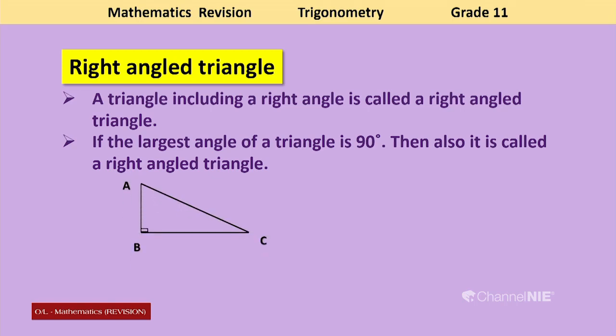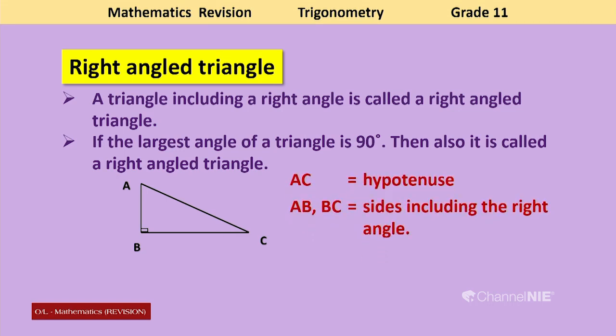Now you can see a diagram. Angle ABC is 90 degrees, therefore triangle ABC is called a right angled triangle. Here AC is the hypotenuse. Hypotenuse means the largest side of the triangle.